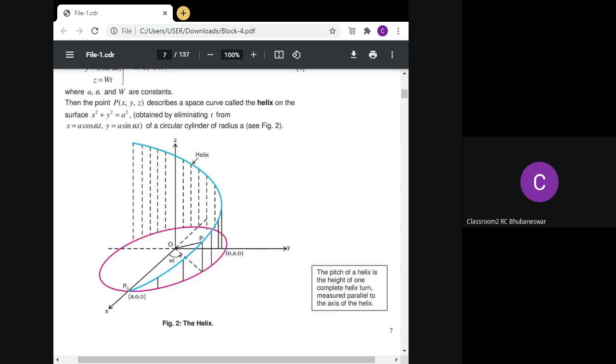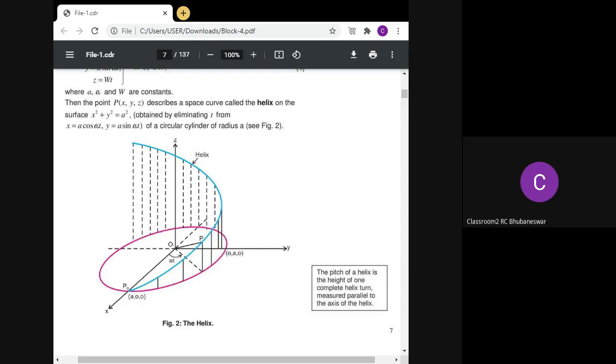Now look at the lines that are drawn in dotted line. These are all straight lines parallel to the z-axis, and that is the path of the circular helix that starts from (a, 0, 0) and moves with increasing value of z, that is in the form of wt.